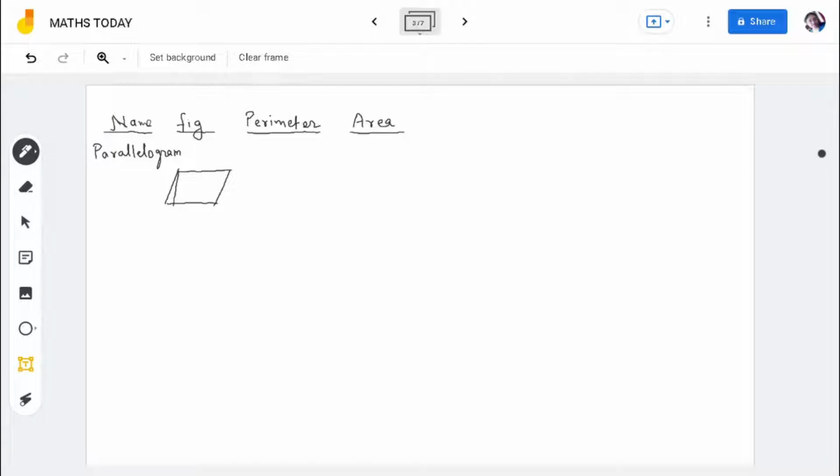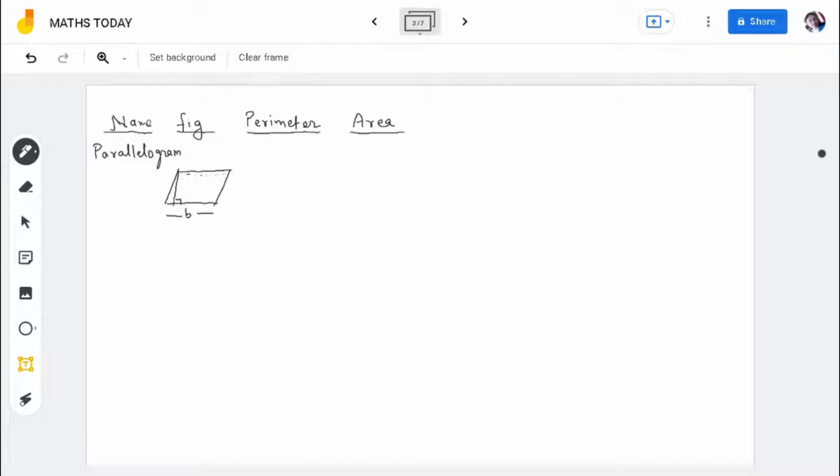And if I am taking this one as my base, then the line drawn from this parallel line to this parallel line will be the height. So in this case, I am using this one as my base. Let's suppose the base is b centimeter length or b units and height is h.